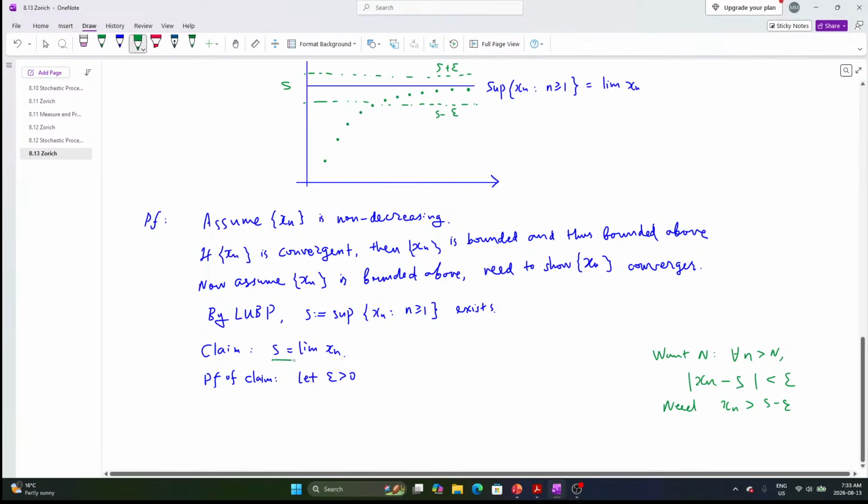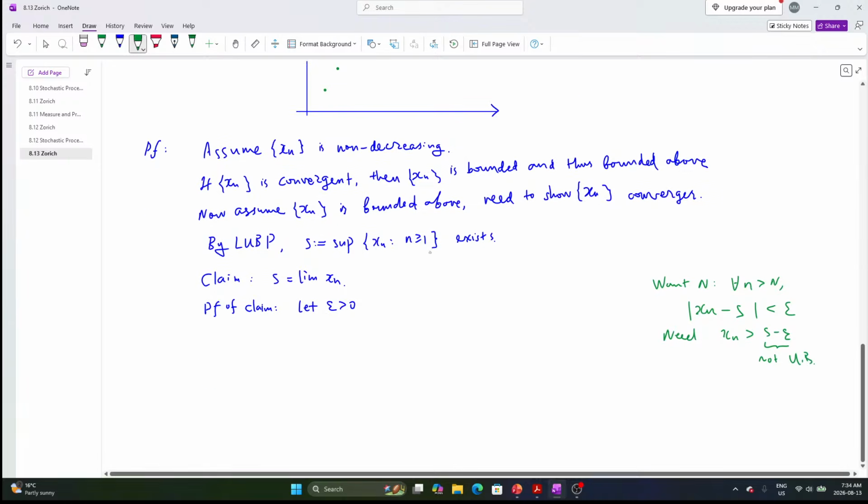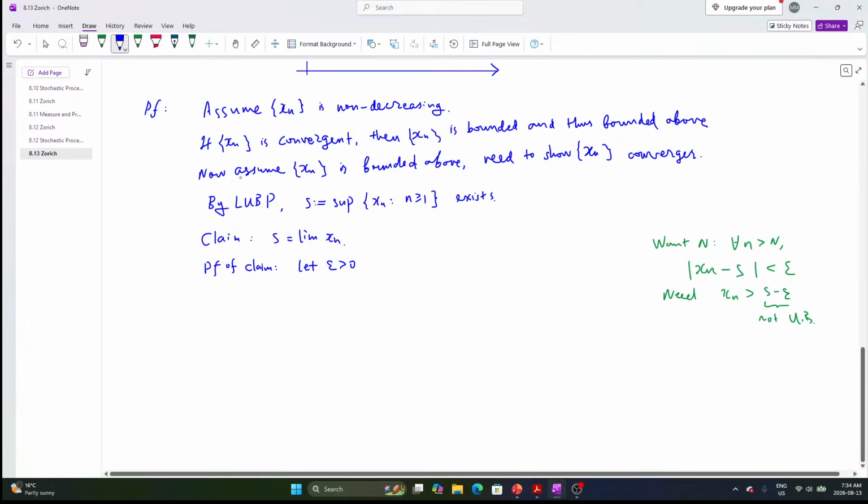S is the least upper bound. So yeah, S minus epsilon is not an upper bound. If it's not an upper bound, there's got to be an element that is greater than it. So you're done. So let's write it formally. Okay, so let epsilon be greater than 0.